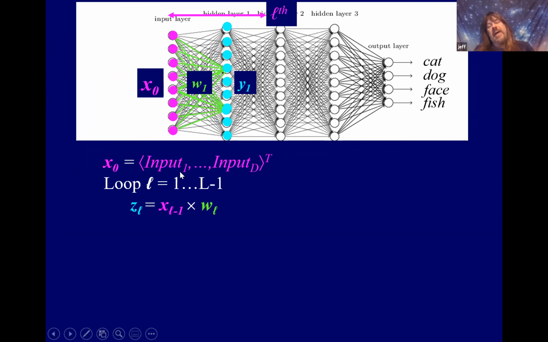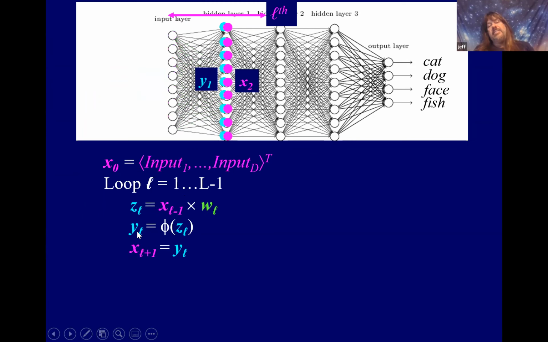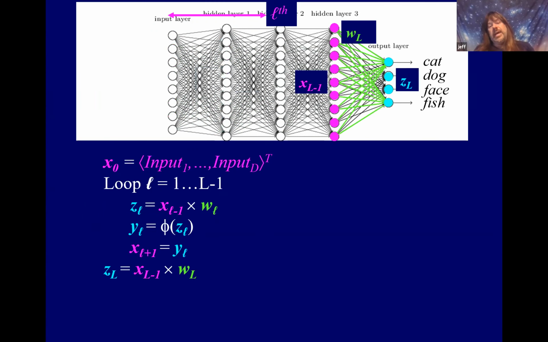So we take the X values, we do the matrix multiplication to give us our Z values. We take our Z values and feed them through sigmoids to get us Y values. And then our old outputs will equal our new inputs, right? And then we loop and we do it again, we do it again, we do it again.